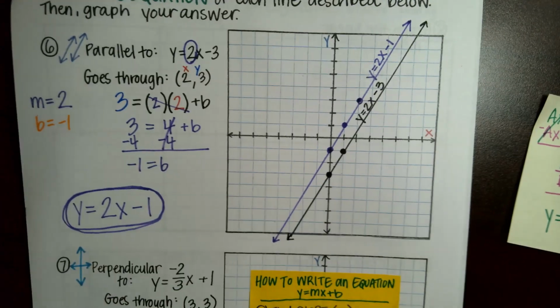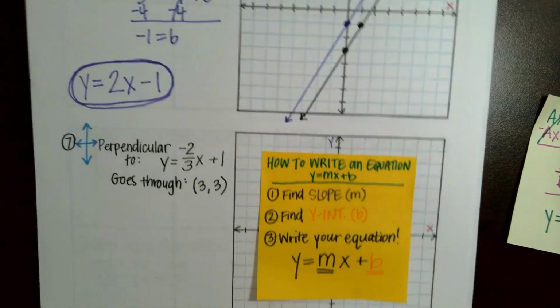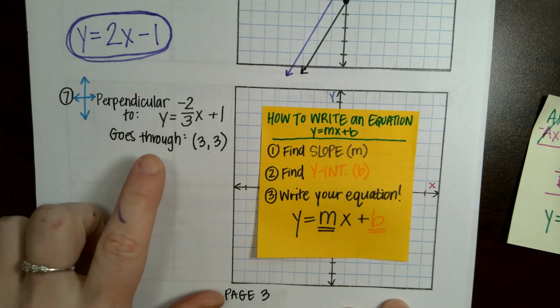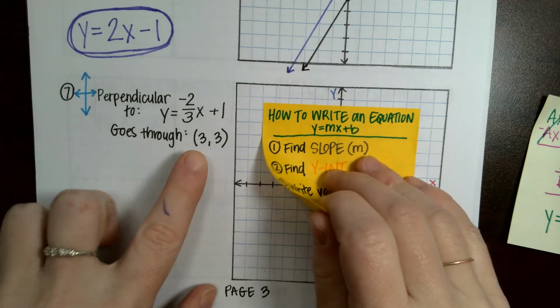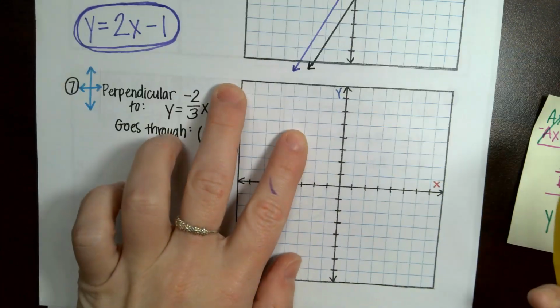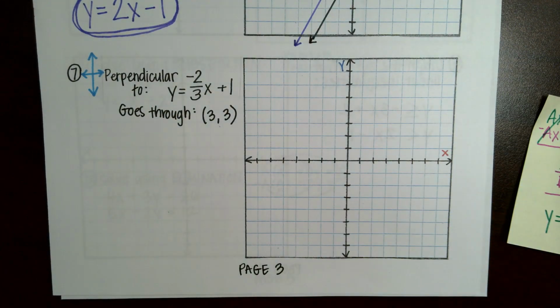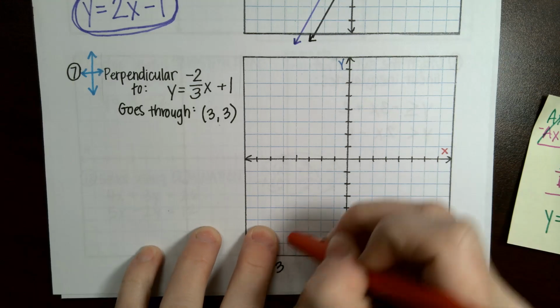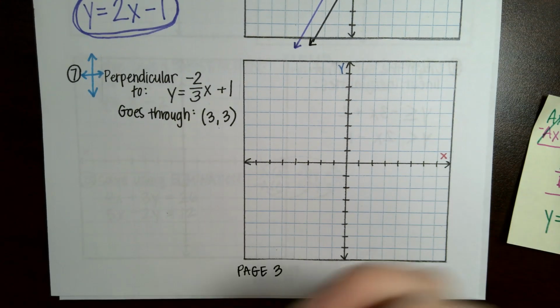Okay, number 7 is a little different because this time we're not drawing a parallel line. We're trying to find the perpendicular line. So what do you guys remember about perpendicular slopes? They do cross at a 90-degree angle. That is exactly right. They're going to be forming perfect 90-degree angles somewhere on this graph.